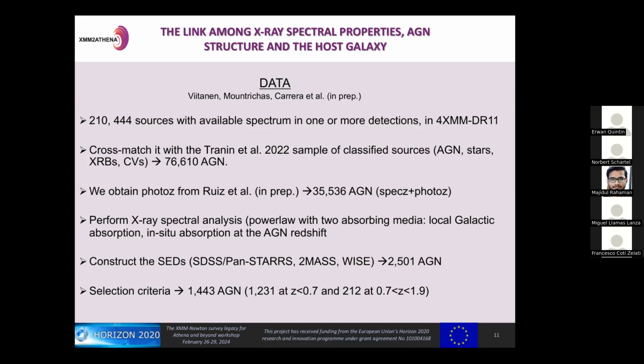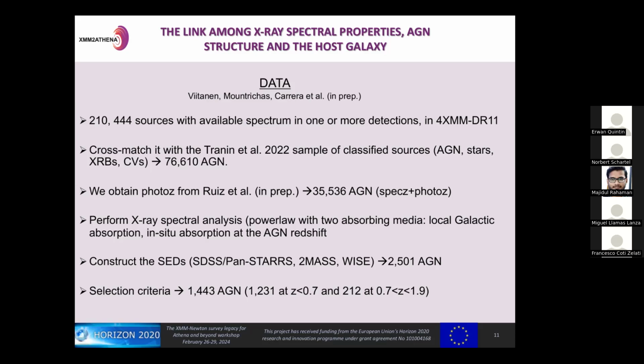Some of these sources have spectroscopic redshifts, but for the others, we used photometric redshift calculations from Angel's work that he just presented. So we ended up with about 35,000 AGN that have either spectroscopic or photometric redshifts. A bit less than 9,000 of them have spectroscopic redshifts. By applying X-ray spectral analysis to these sources, and also SED fitting using the CIGALE code, with photometry from optical to near-infrared and mid-infrared, we ended up with about 2,500 AGN.